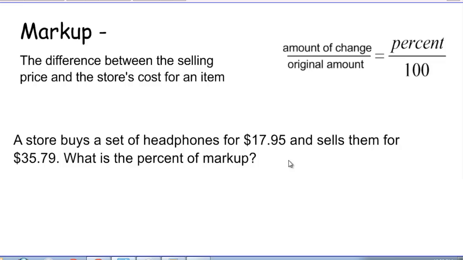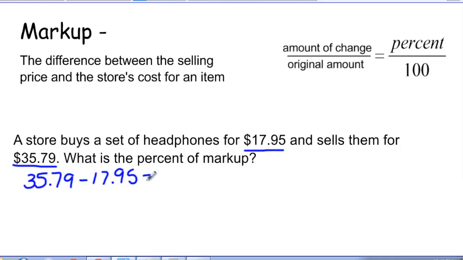Okay, well, in this case, we know the original amount, we know how much they sell it for, and so we're going to put things in. We need to know the amount of the change. So we have $17.95 and we have $35.79. And remember, we're just finding the difference here. So I'm always going to do the bigger number minus the smaller number, no matter what.